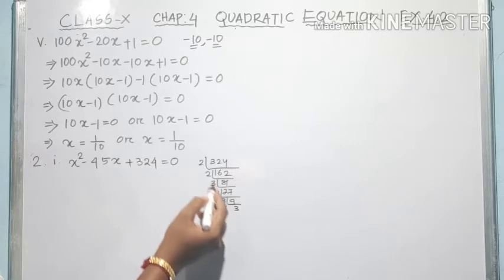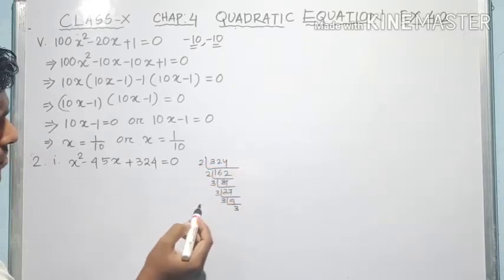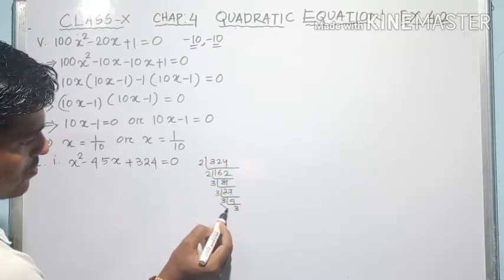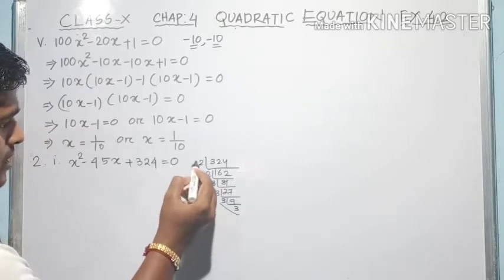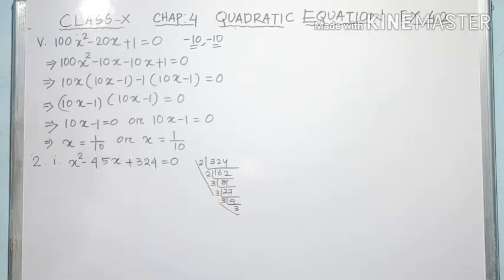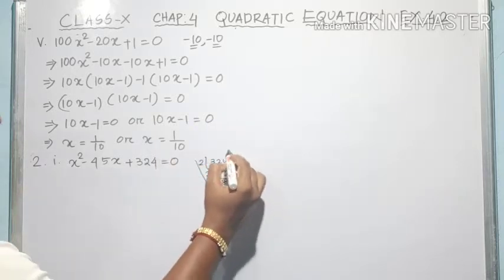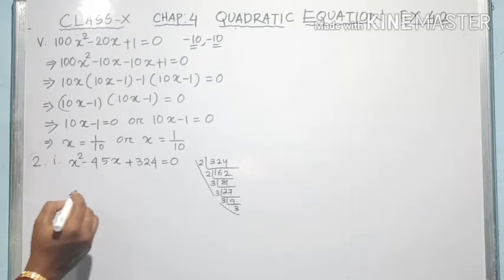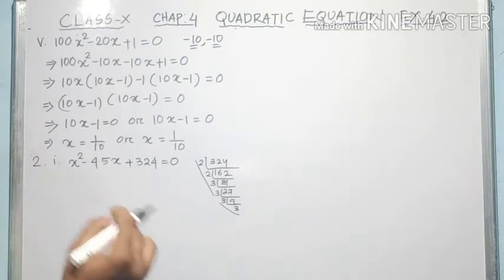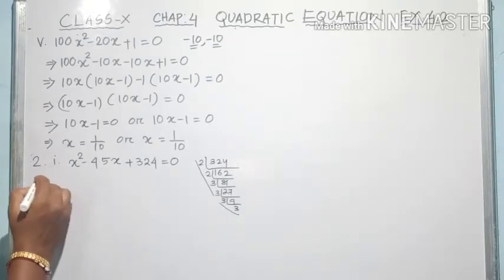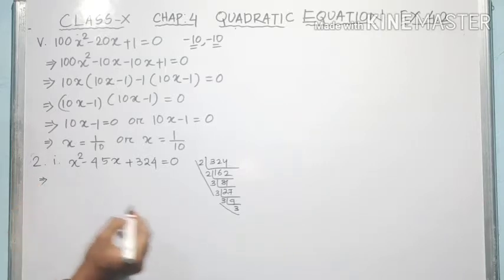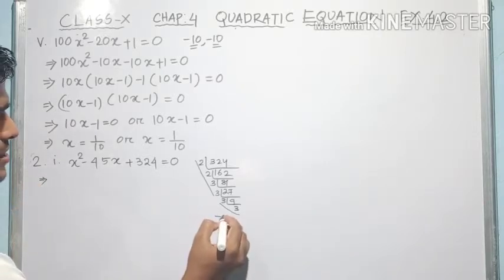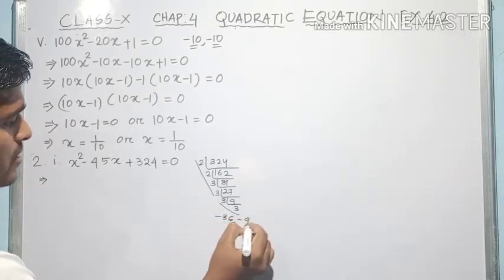In the prime factorization of 324, the possible factors are 9 and 36. So the two integers we get are 36 and 9, so minus 36 and minus 9. The two possible integers are minus 36 and minus 9.